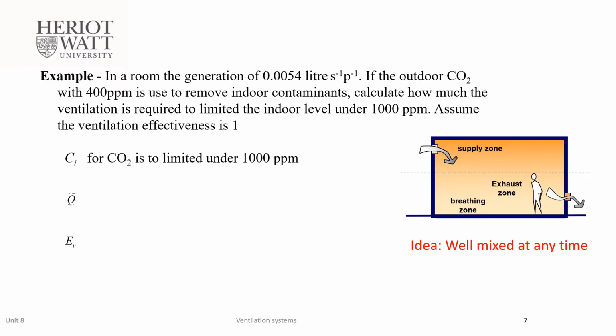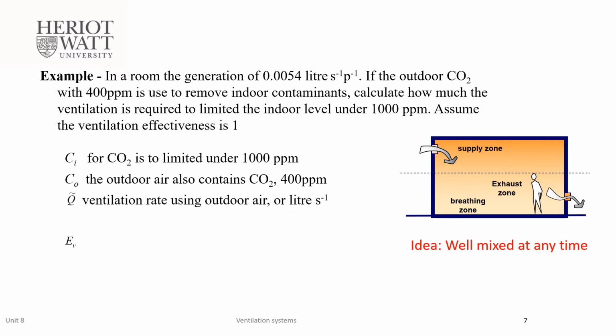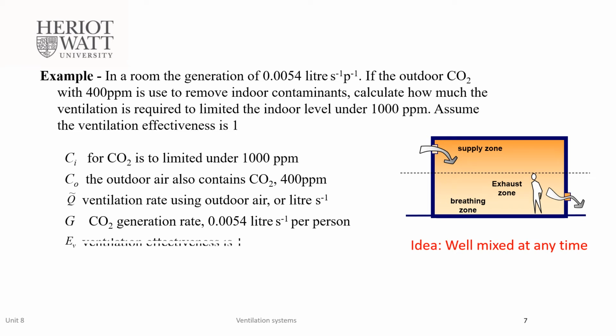If the threshold for that space is 1000 ppm, and outdoor air is clean but still contains 400 ppm, then if you use outdoor air to remove indoor contaminants, the ventilation rate is Q liters per second, and G is the generation rate of the person.